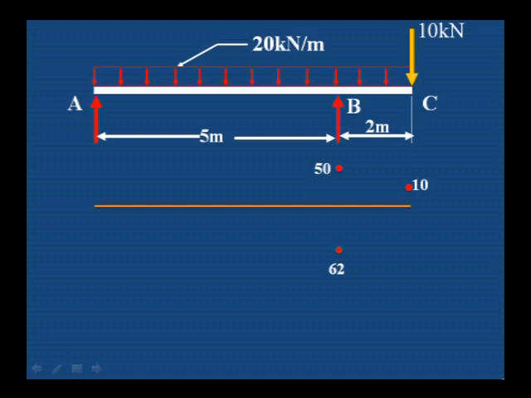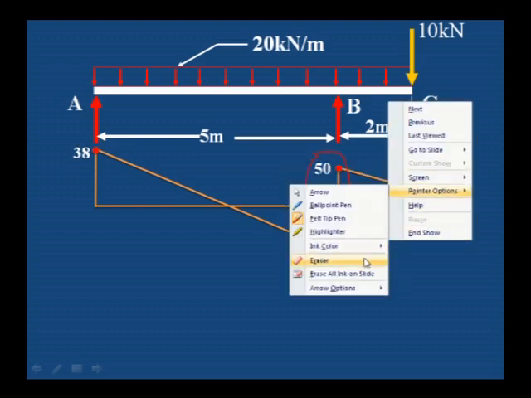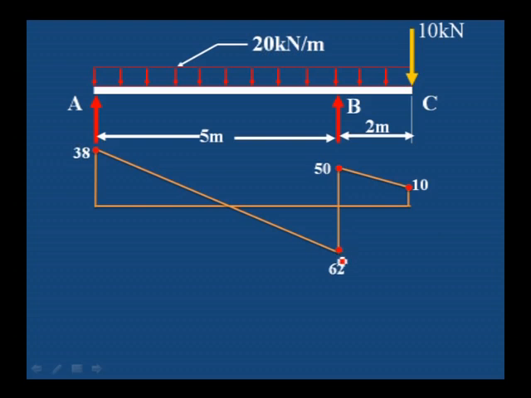Let us draw the shear force diagram. What you can observe here, 10 kilonewton vertical drop, and here it is 112 vertical drop, minus 62 plus 50, and then 38 is the RA value.